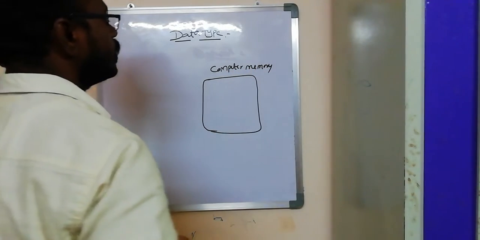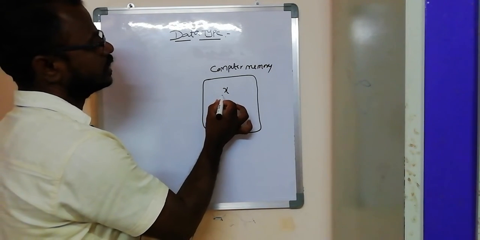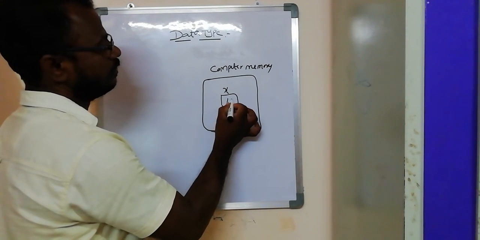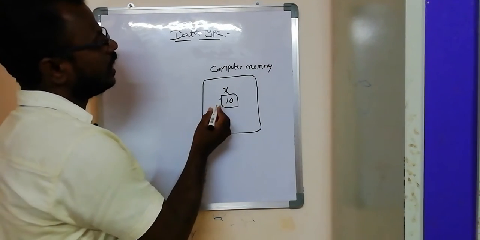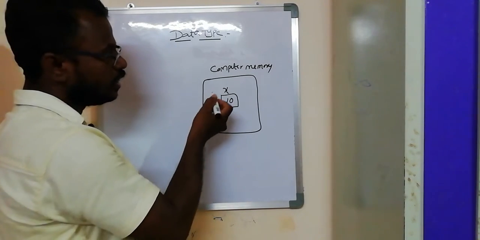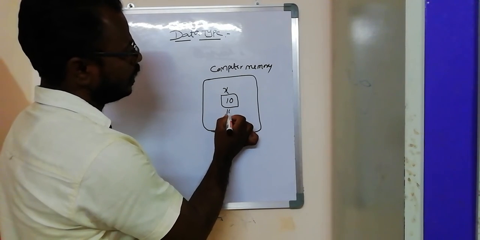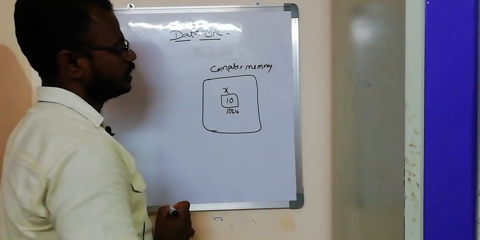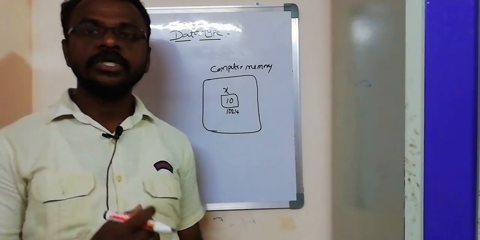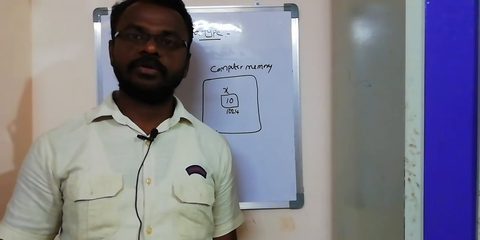In the computer memory, you can use one variable, for example x. The variable can store any value, for example the value 10. The value is stored in the computer memory under the particular name x. In the memory, variables are stored at some memory location address, for example 1024. This is what is meant by data type and what is meant by variable.